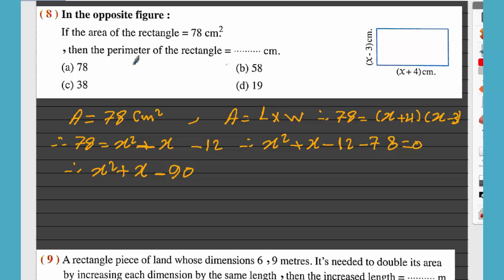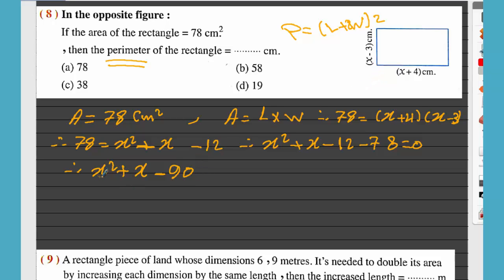Don't forget, what is required here is to find the perimeter of the rectangle. The perimeter of the rectangle P equals length plus width, multiply 2. So we must calculate the value of x.